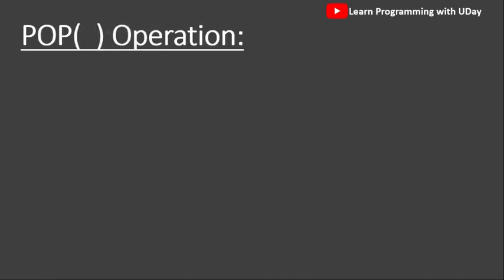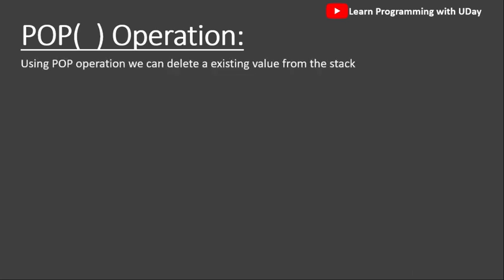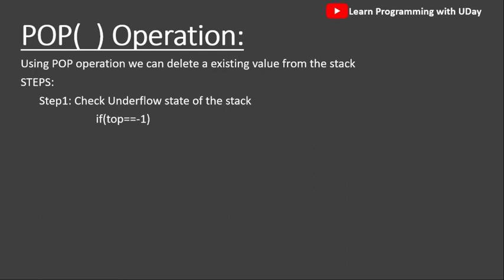Now let us see how pop operation works. Pop operation is used to delete a value from the stack which is existing in the stack. Here we also follow certain steps, and as I said already, first we check for the underflow state of the stack. The word underflow means empty. If the stack is empty, we won't be able to delete any number from the stack, which makes sense already.